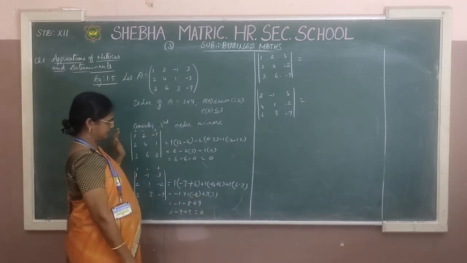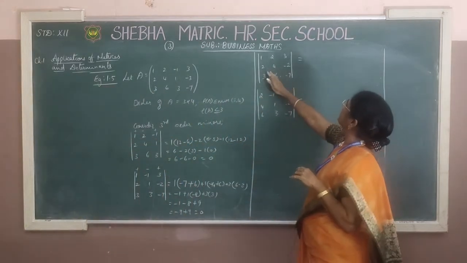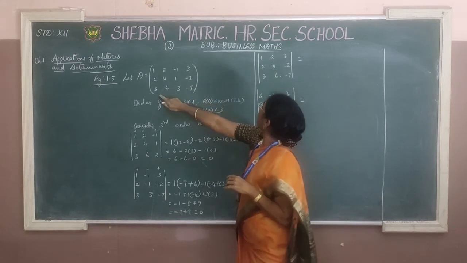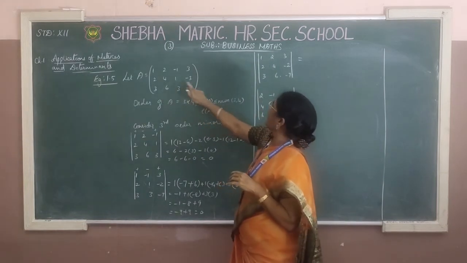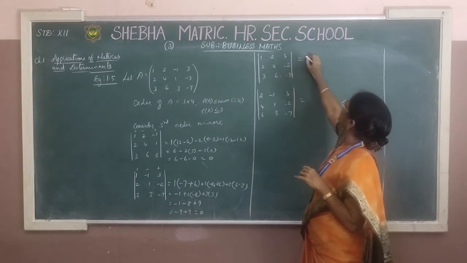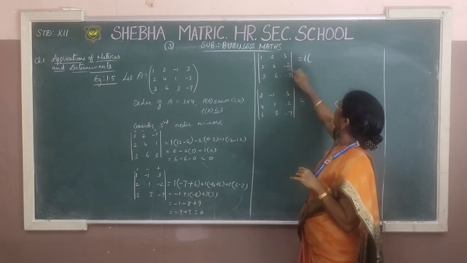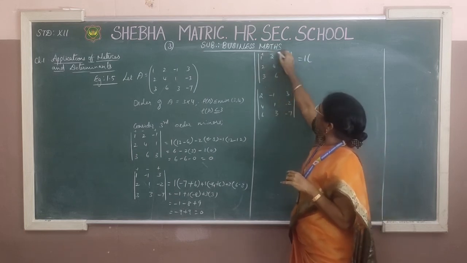So next check the next third order minor. Next we are using first column, second column and fourth column. You have to write like this and then find the value of the determinant: 1 into, leaving the rows and column, this is plus minus plus, isn't it?